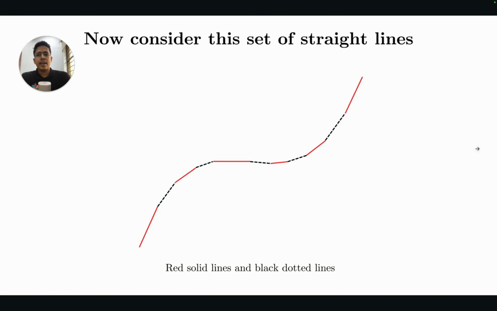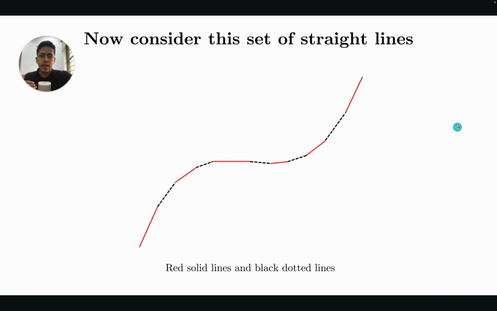So we can consider these set of straight lines, a bunch of straight lines, red, 1, 2, 3, 4, 5, 6, 7, 8, 9, 10, 11. So I have made 11 straight lines. Some of them are solid lines, some of them are black dotted lines.